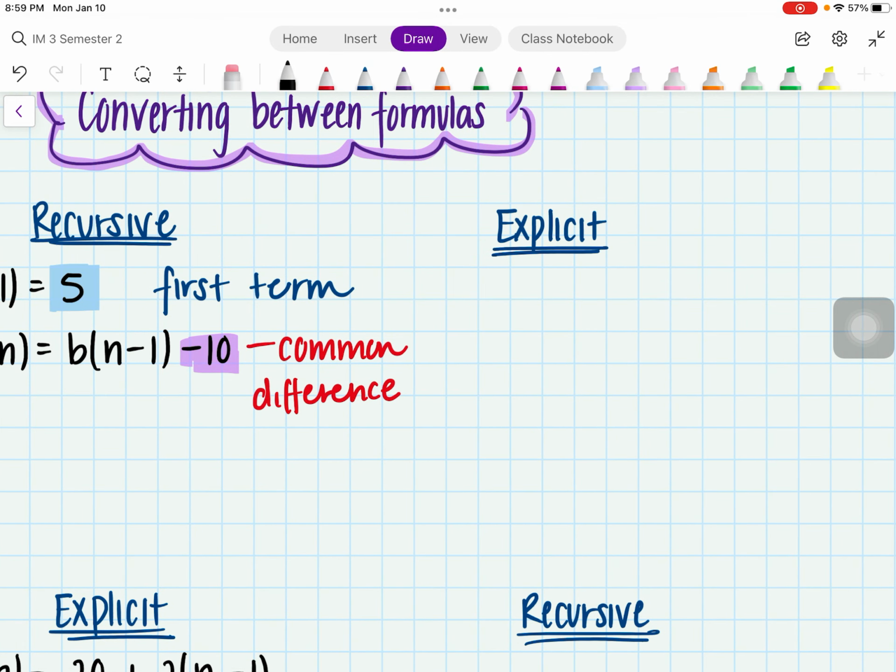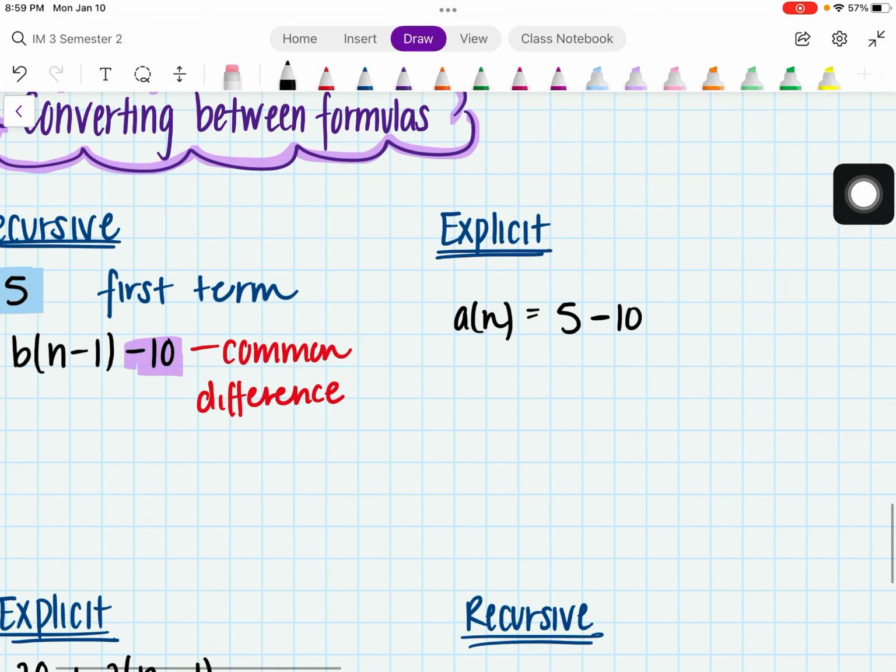All right. So if we want to write it in explicit form, once again, all we need is our first term plus our common difference. In this case, it is a negative 10, so that's actually going to be minus 10 times n minus 1. And there we have the explicit form.